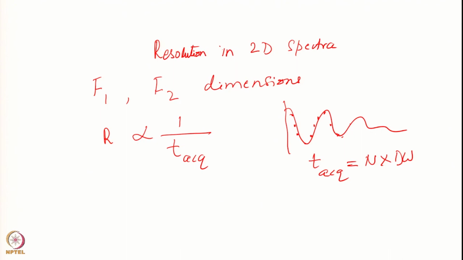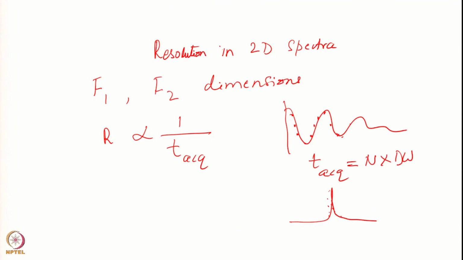So, if you collect more data points, you have better resolution in your spectra. Then you have a line like this, and the points come appropriately at various places in your line. Therefore, the line will be represented better and the resolution will be higher if you collect more data points.